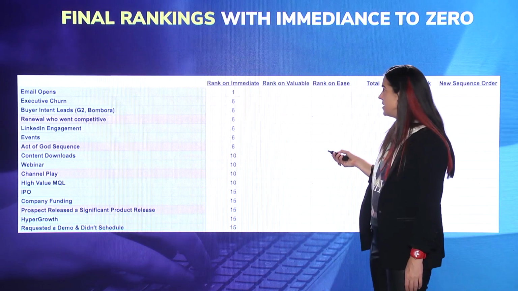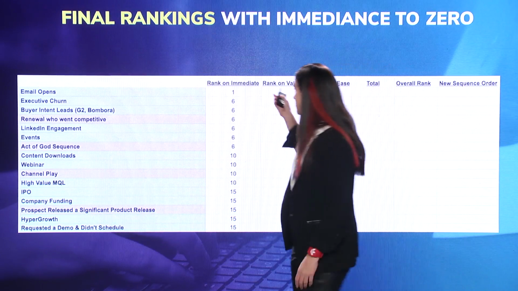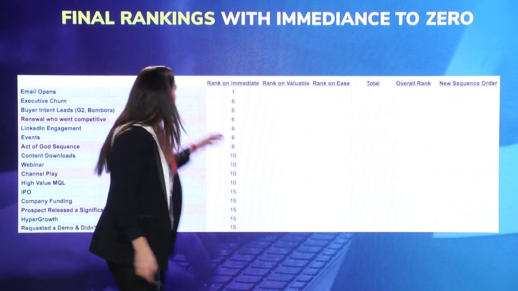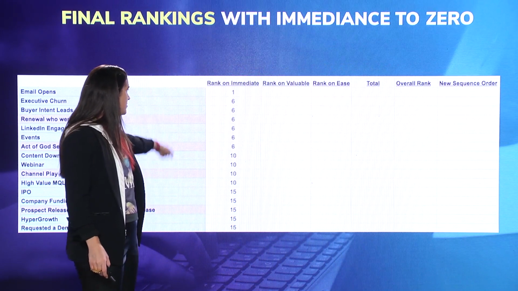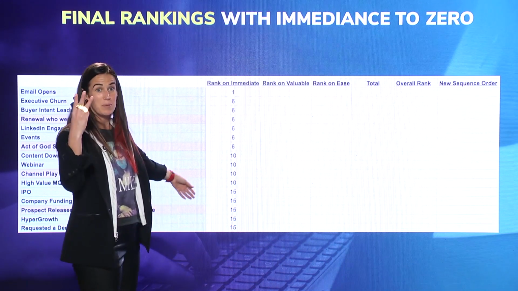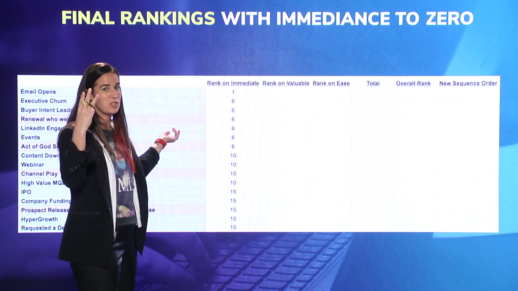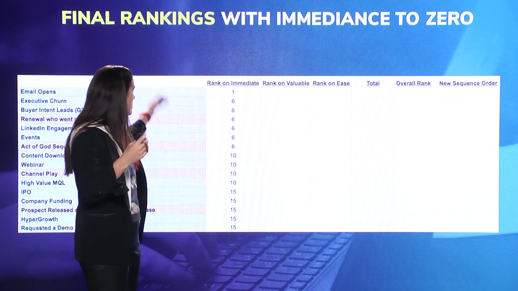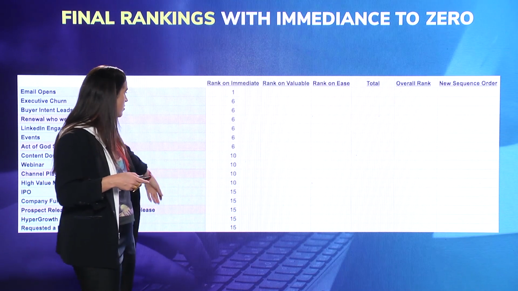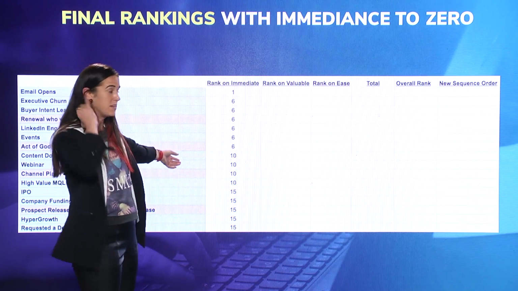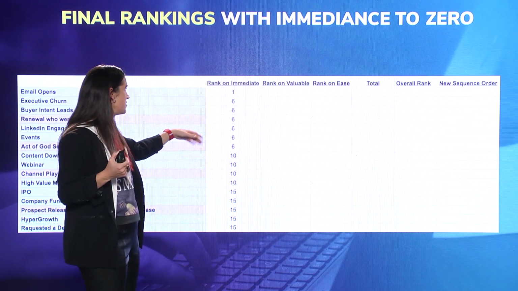No problem, but in this case scenario, you would basically set the ranking of immediate to 1, 6, 10, and 15. So basically, if you have 3 people tied at second, then the next variable should be 5. But basically, you want to put in their rank of immediance at 1 through 15 or 16, depending on how many sequences you have in there, if you include Act of God.